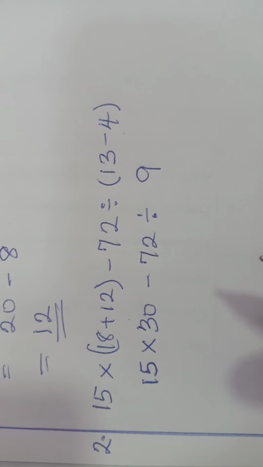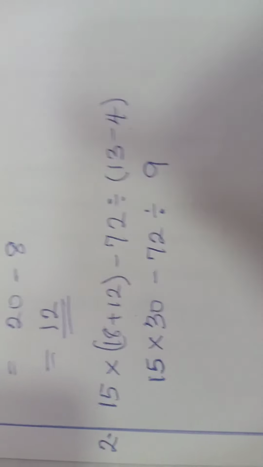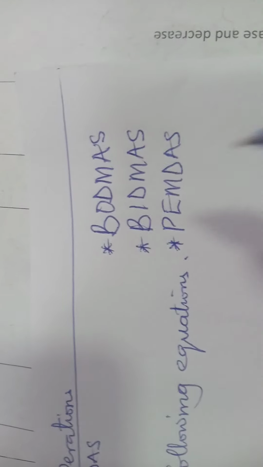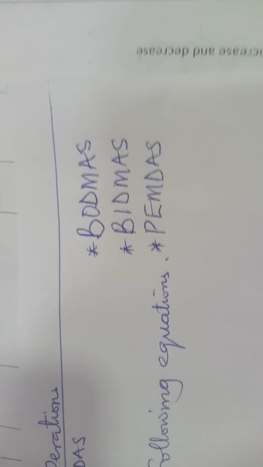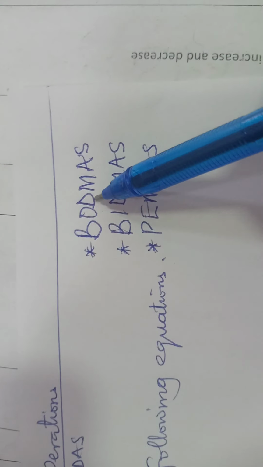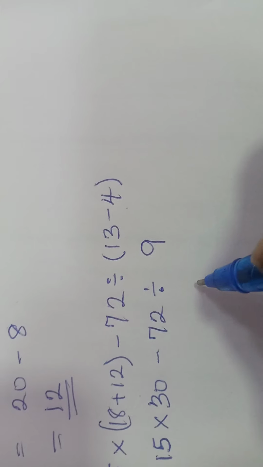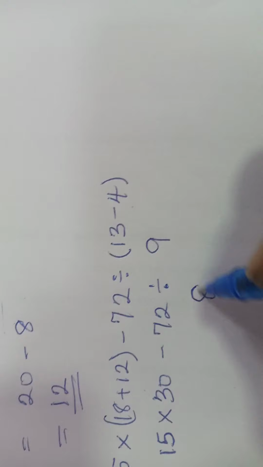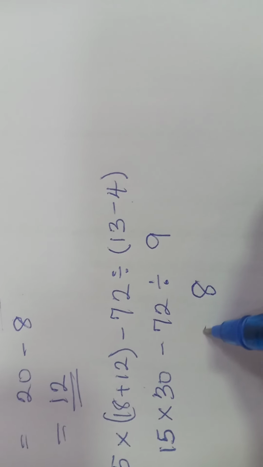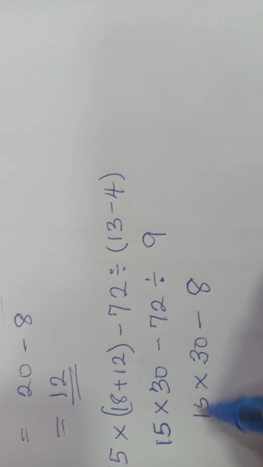So what do I do next? Here I have division, so I have to do my division next. Why? Because in this order of operations, after bracket you go for of, but there was no of there. Then division, yes, there's division there, so let's do division. 72 divided by 9 will give us 8. Then what next? Bring back your subtraction sign. 30 times 15.